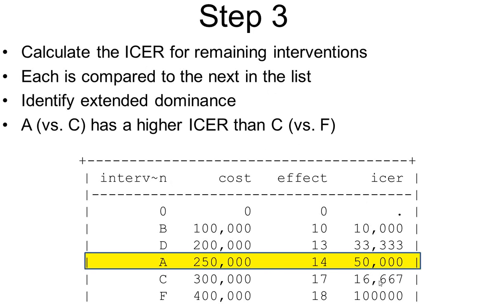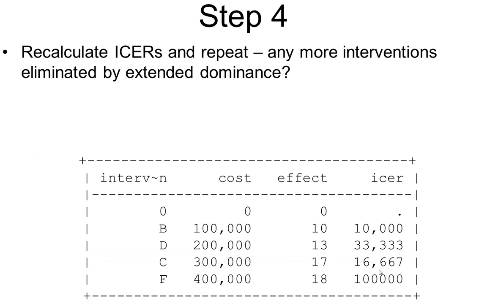So although it's not eliminated by strict dominance, it is now going to be eliminated by extended dominance. And so we're going to drop A from this list. We really want a list in which the ICERs are increasing in order. We don't want these funny ups and downs. And then, so we dropped A from the list, and now we're going to recalculate the ICERs.